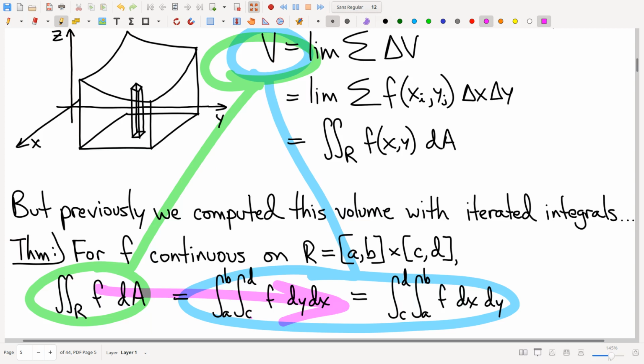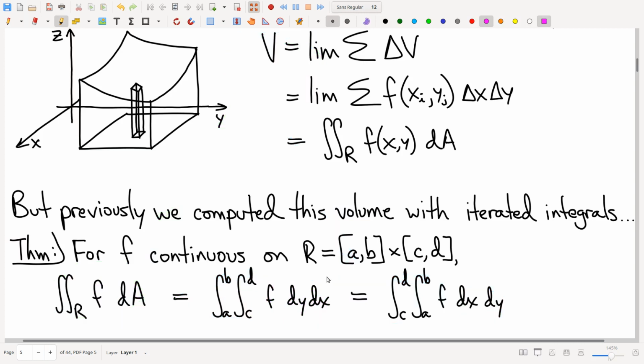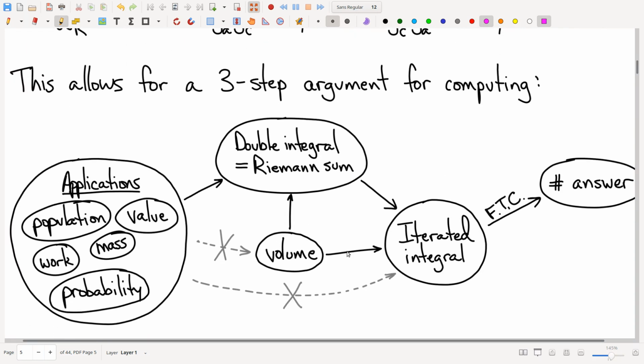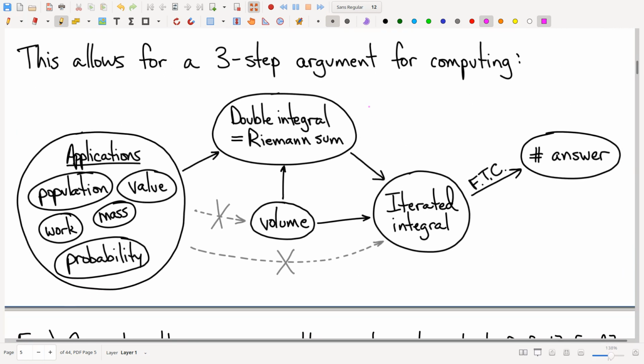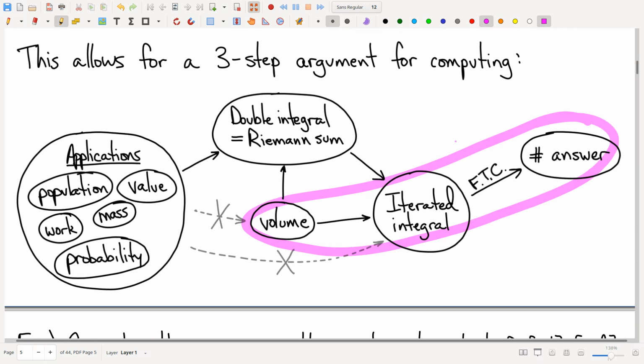Okay, let's put it all together. I know we've talked about a bunch of different constructions and relationships. Here's a road map for all the stuff that we've talked about. The very first thing we did was this right here. We considered the narrow question of how to compute volume under a graph. We came up with iterated integrals.